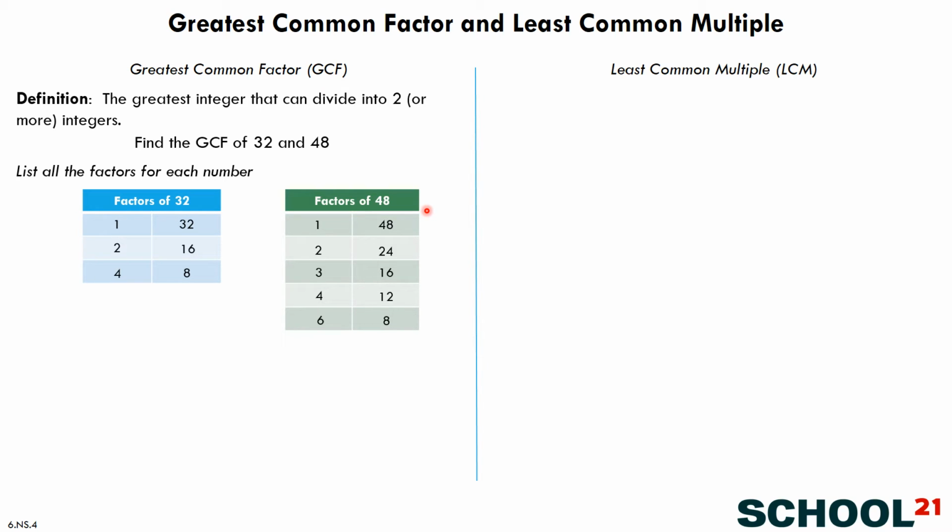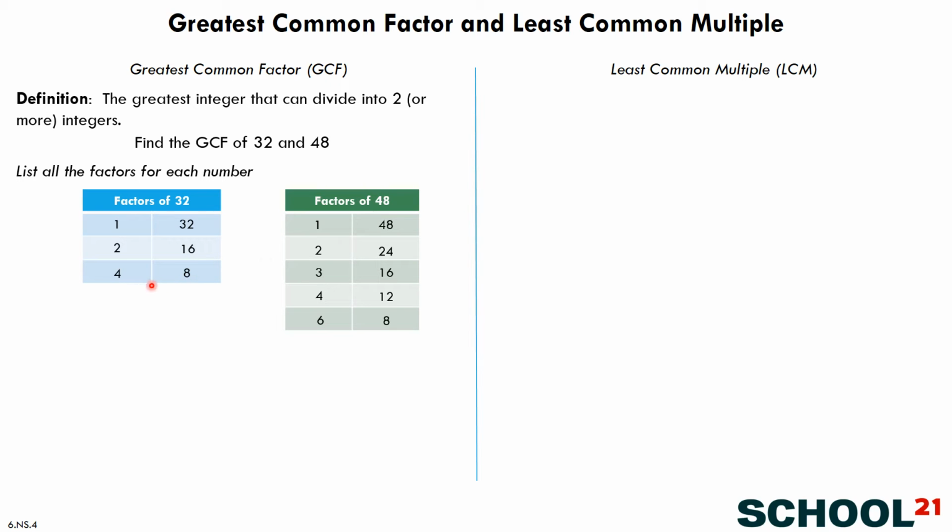So now we have all of the factors of 32 and all of the factors of 48, and we want to find the greatest common factor. One common factor they both have is 1. A common factor means it's in both tables. They also have 2, but those aren't the greatest common factor. So what's the greatest common factor for 32 and 48? 4.